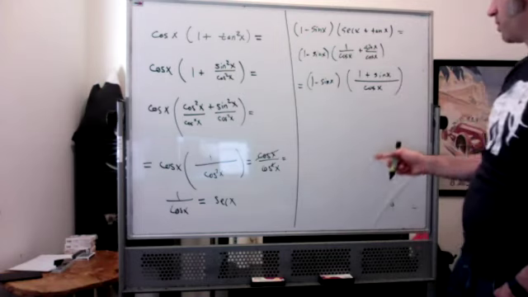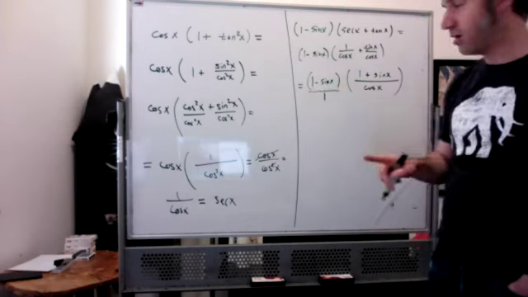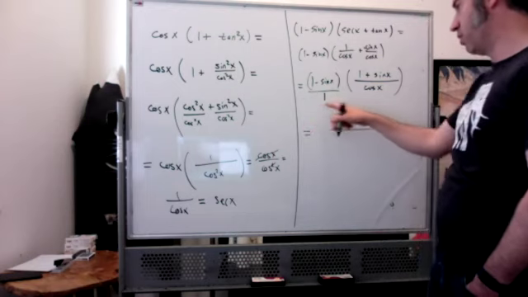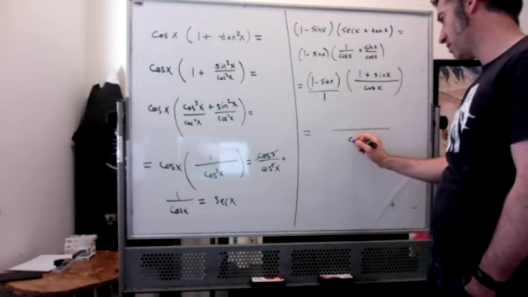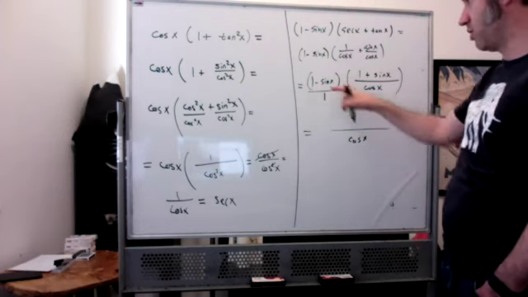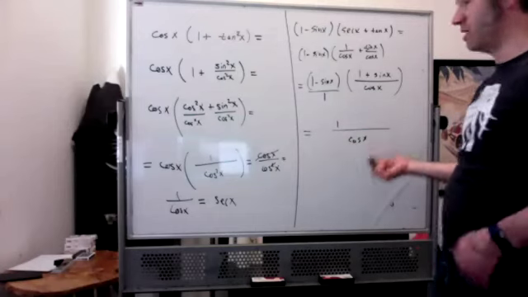All right, now we can multiply. So this is 1 minus sine over 1, if you like. Top times top, bottom times bottom. The bottom is just going to be 1 times cosine of x, which is cosine of x. The top is going to be 1 minus sine times 1 plus sine. So 1 minus sine times 1 plus sine is going to be 1 squared, which is 1. The middle terms cancel.